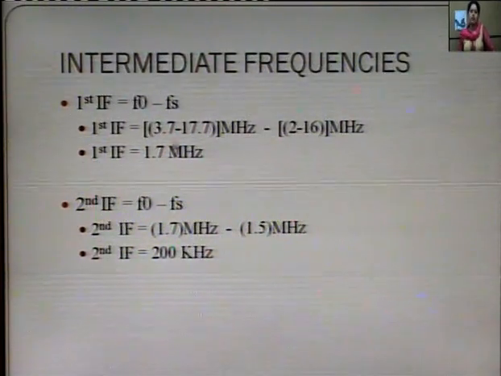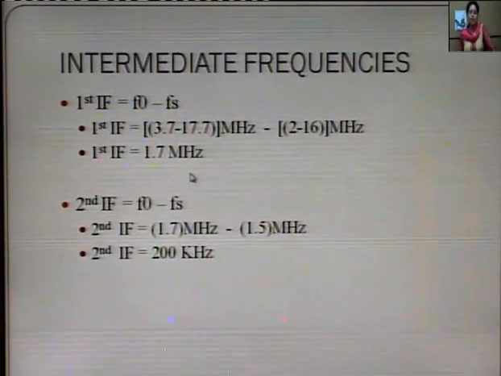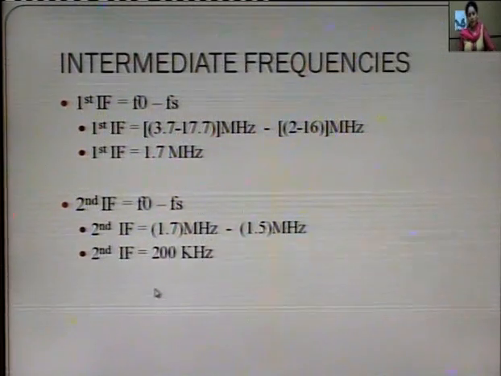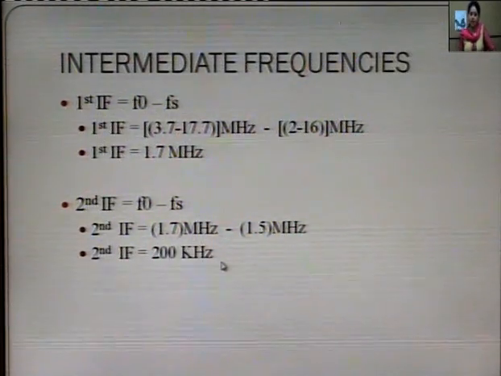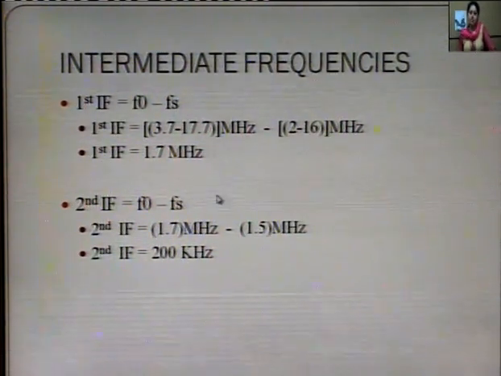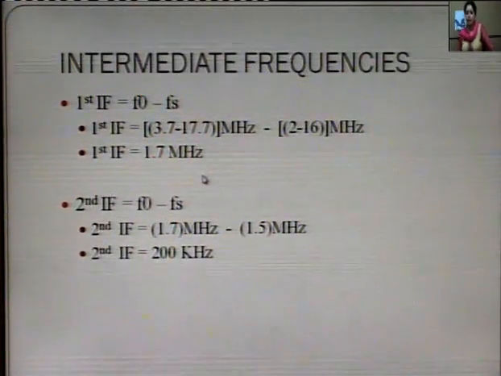So you are having two intermediate frequencies. One is the higher intermediate frequency, that is for better image rejection, and the second is the lower intermediate frequency, that is for your better selectivity. So both these intermediate frequencies achieve both the requirements, better image rejection and better selectivity.